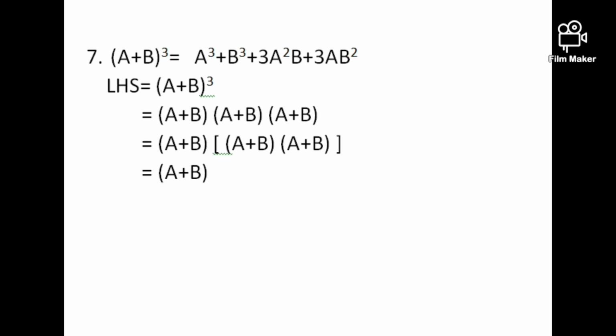(a plus b), bracket square bracket start, then (a plus b) and (a plus b) multiplied, then it will become (a plus b) whole square. Understood?